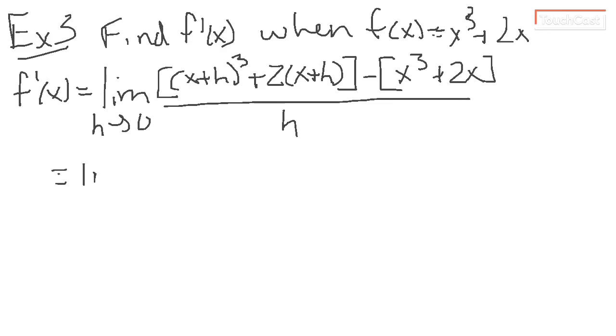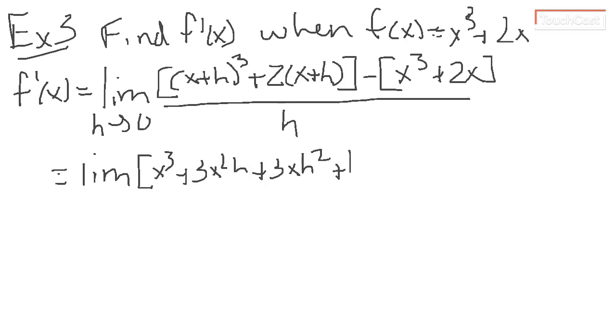We're going to rewrite in our new line the limit of x cubed plus 3x squared h plus 3xh squared plus h cubed, and then let's also distribute our 2 to that x plus h: 2x plus 2h.